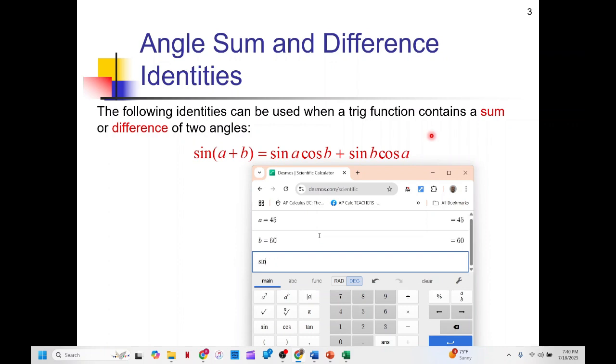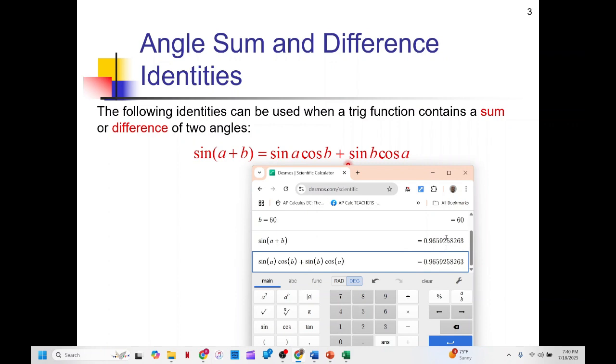And let's see what happens if I do sine of A plus B. Great, I get some crazy decimal. Now let's see if I plug in the same A and B to this other half of the identity. So sine of A times cosine of B plus sine of B times cosine of A. And we get a crazy decimal that matches the first crazy decimal.